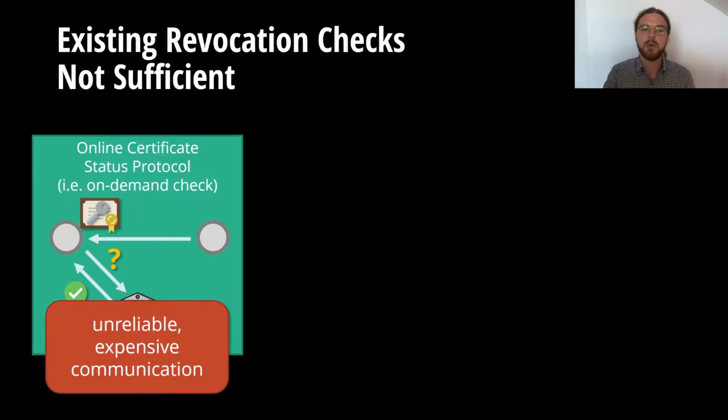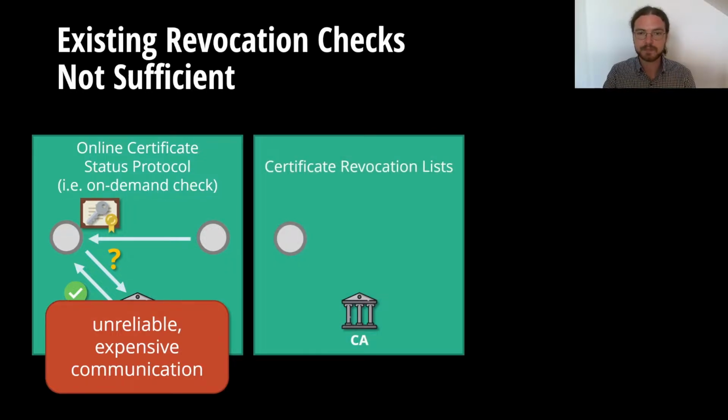However, this requires a reliable connection to the CA, which might not always be the case, and it also induces expensive communication overhead because all devices in all encounters need to check this. Then we can also do this via certificate revocation lists. Here, the CA will, prior to the encounter, distribute a list of all revocations.